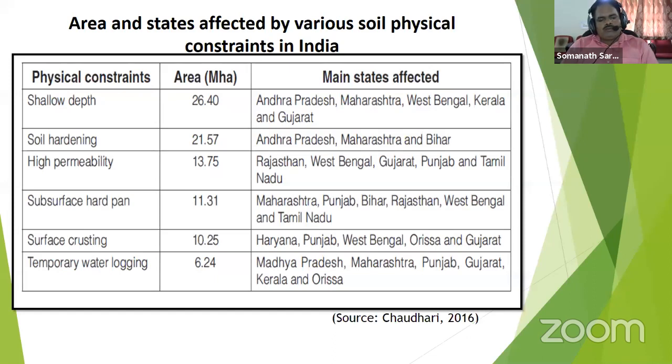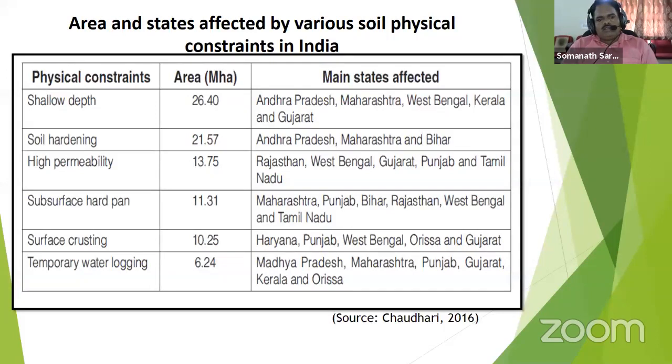High permeability means sandy areas where the sand portion of the soil texture is high. 13.75 million hectare area is covered by high permeability lands, and it mostly affects Rajasthan, West Bengal, Gujarat, Punjab, and Tamil Nadu states. Surface hard pan is formed due to agricultural practices, such as in rice grown areas, where they puddle the rice fields.